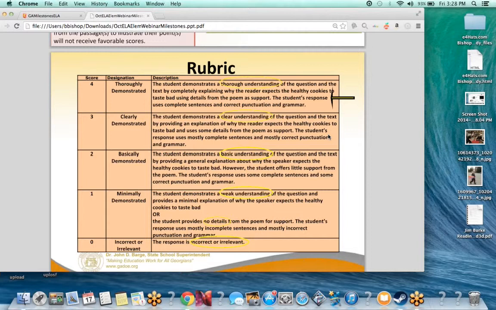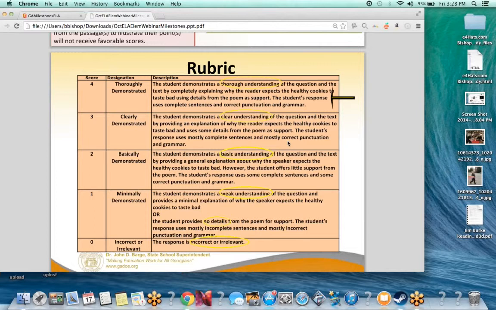The examples that we are receiving as suggested items to use for our own familiarity have this holistic kind of rubric, where the entire response is graded as either incorrect or irrelevant, or demonstrated just minimally, or basically, or thoroughly, etc.